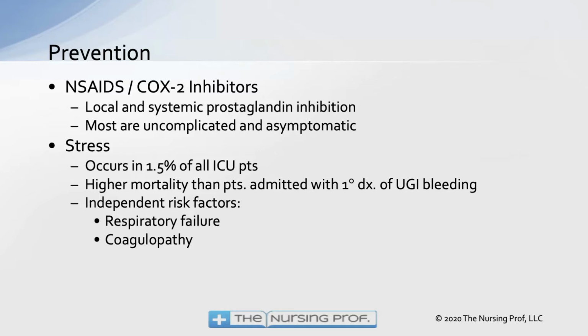The problem is, of course, that if our patient develops a stress ulcer, it's only 1.5% of our ICU patients, but the mortality is much higher, especially if the patient is admitted with a primary diagnosis of upper GI bleeding. Some independent risk factors include respiratory failure, that sounds like a lot of our patients, and coagulopathies.